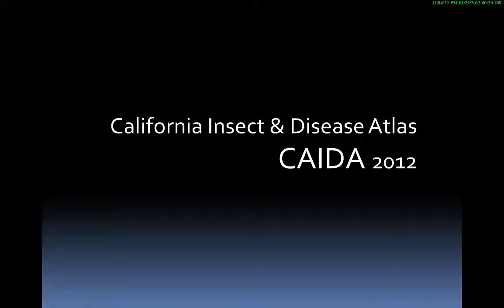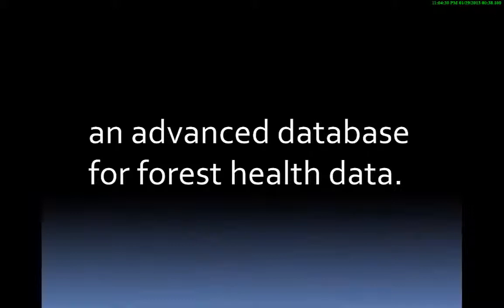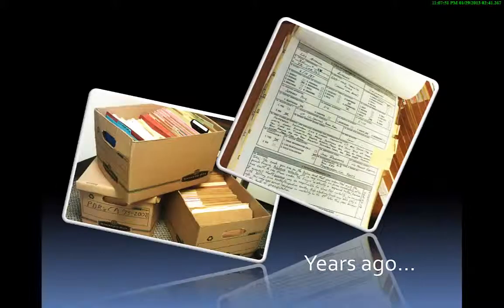It started back in 2007, I believe, and it was intended to be an advanced database for all forest health related data. It all started when one of our former colleagues, Mike Bonner, noticed there were a lot of historic pest condition reports sitting around in different offices across this entire region in their original paper format.